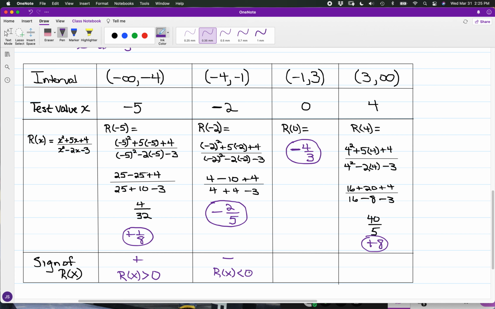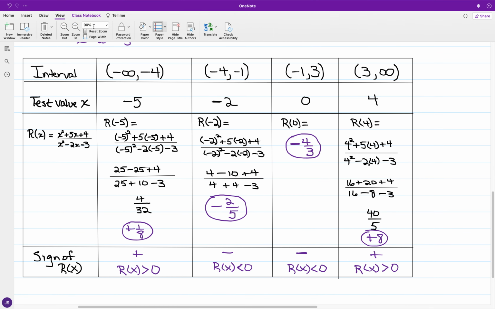So you have r of x is less than 0. And next we have r of x is less than 0. Then for the last case, you have positives. In that case you have r of x is greater than 0. All right.